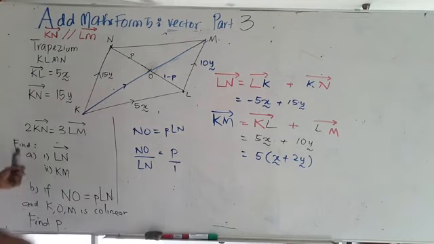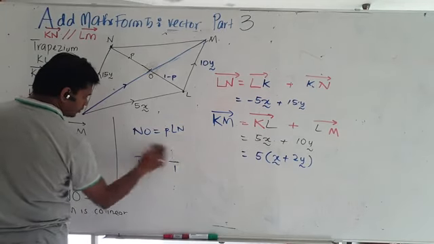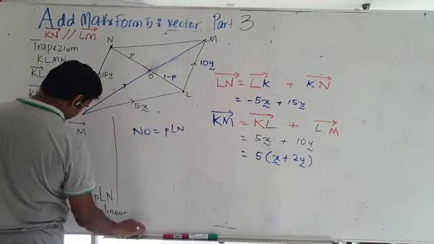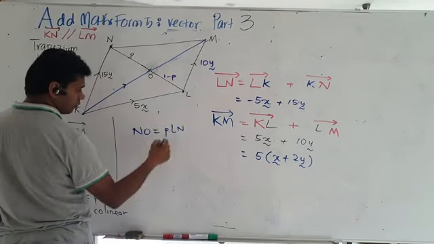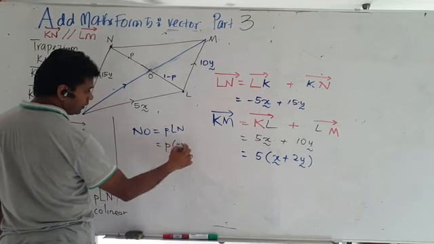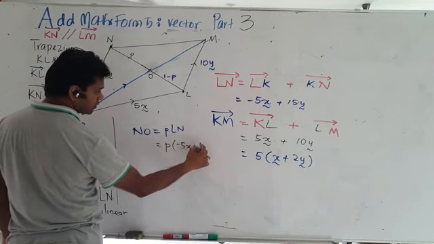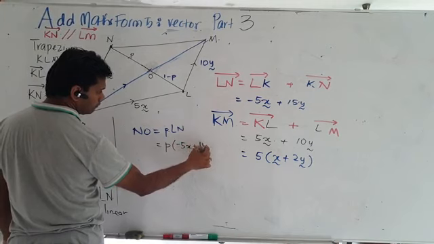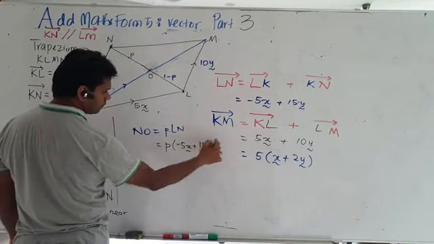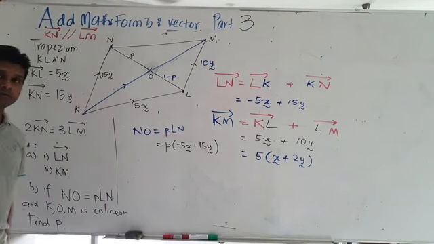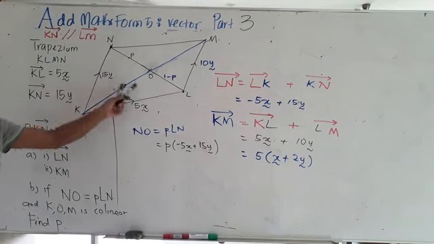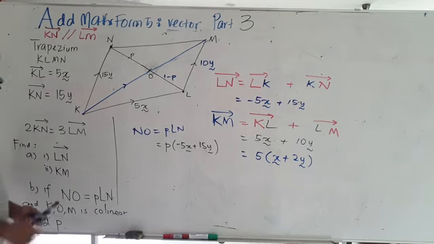From here, if I substitute what is Ln, Ln is negative 5x plus 15y. I found NO. Or ON, let's put ON.